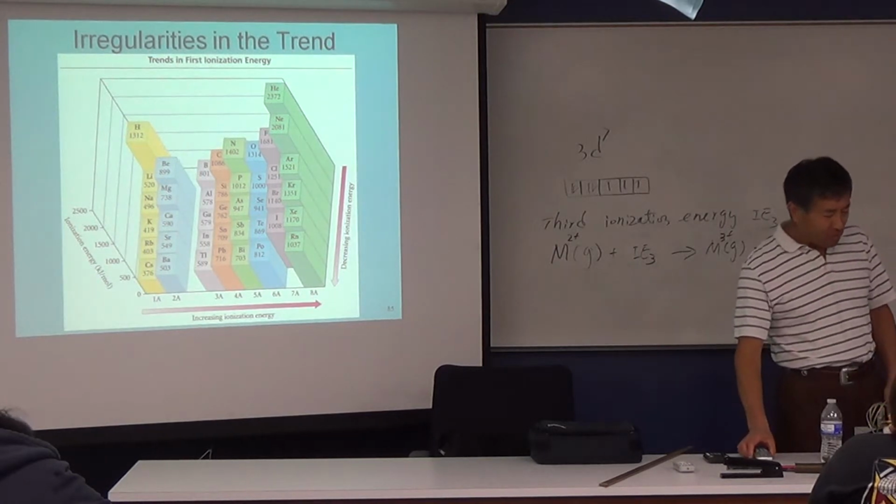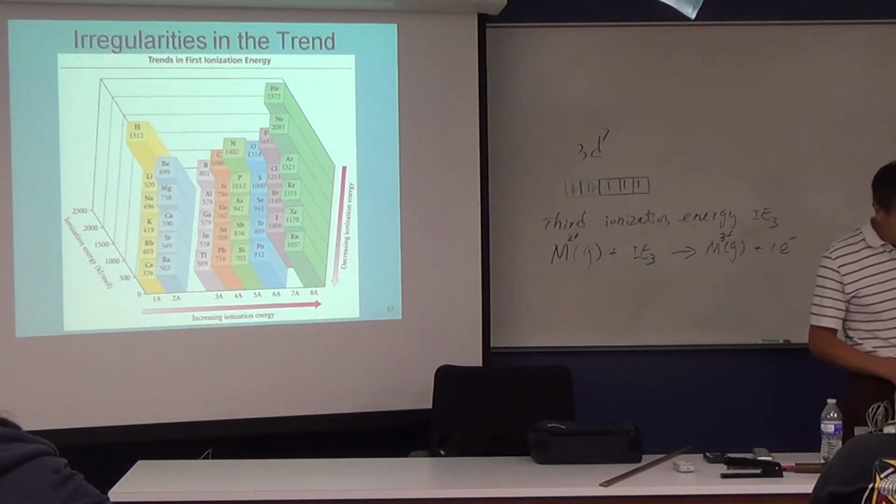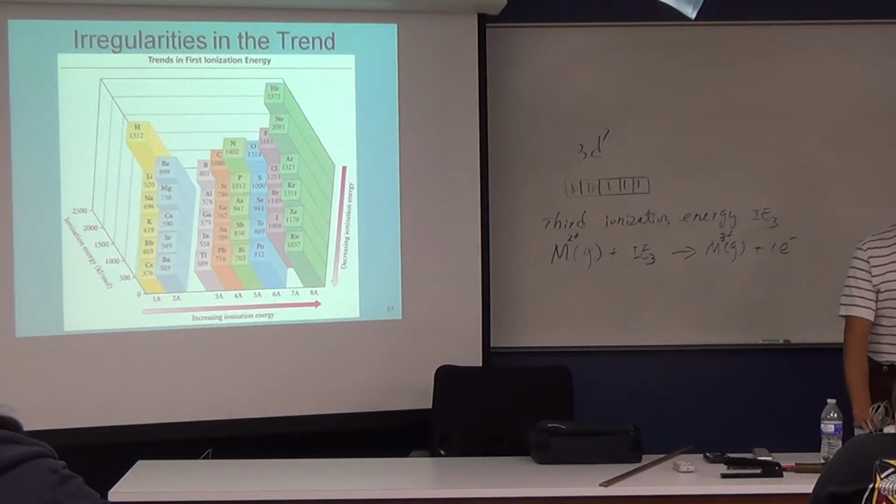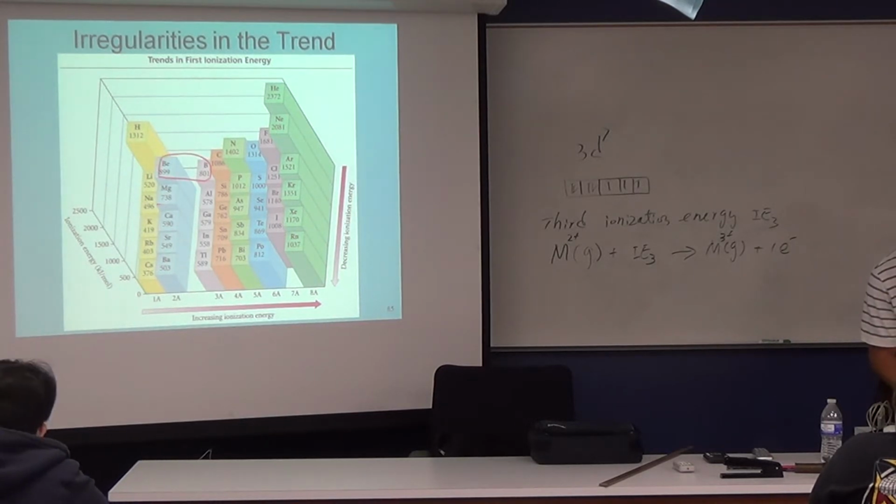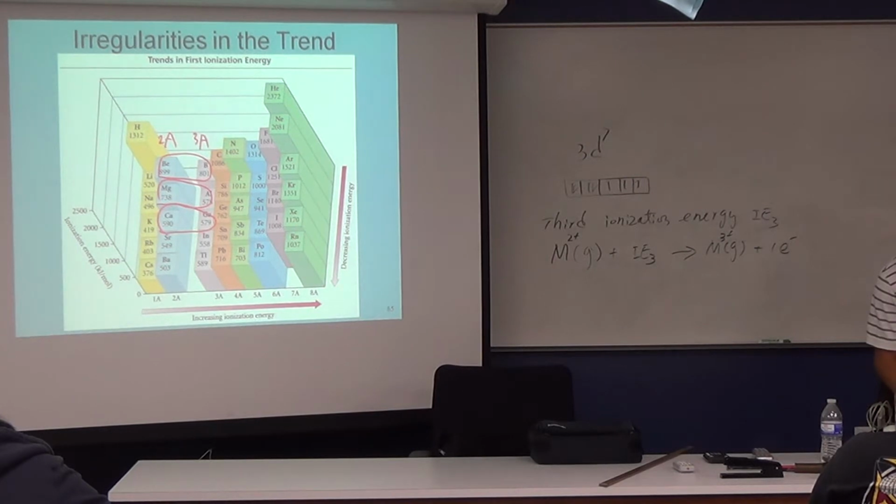Right, now we are going back to examine those irregularities. There are 6 pairs of irregularities, and all 6 pairs happen between group 2A and group 3A, and group 5A and group 6A. Got that?